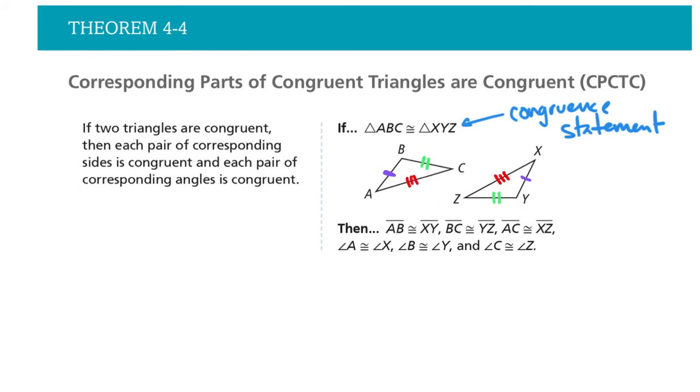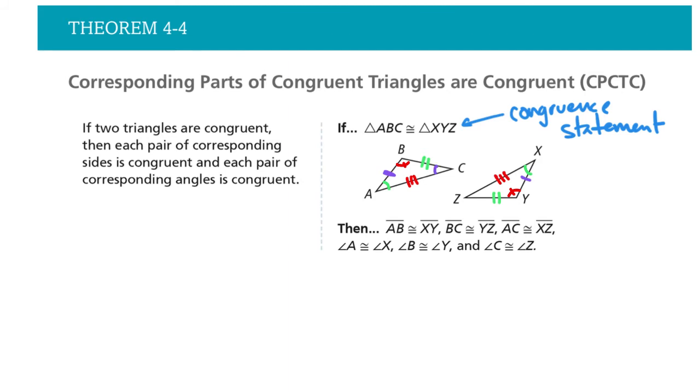But I could also look at the angles. And I could say that angle A, right here, and angle X would be congruent because they're the first letters listed in the congruent statement. I would be able to say that angle B and angle Y are congruent because they're the second letters listed in the congruent statement.